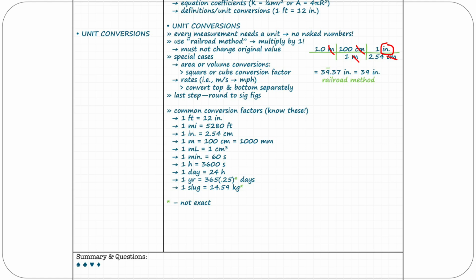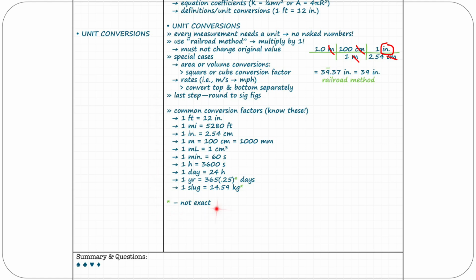It's how fast you're going, distance divided by the time that you're traveling. And so in that case, we deal with that as two steps. You'd convert the top, you'd convert the distance like we saw here, and then in a second step, you would convert the time unit in the bottom to the new value as well. And then again, whichever method you're using, you need to round to significant figures at the end.